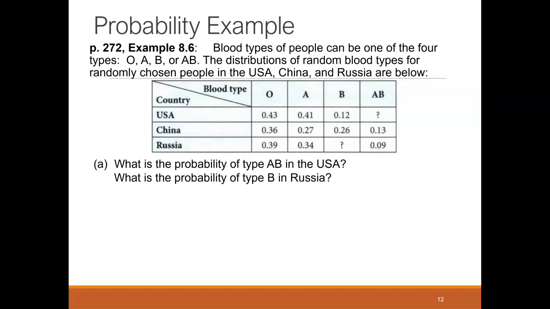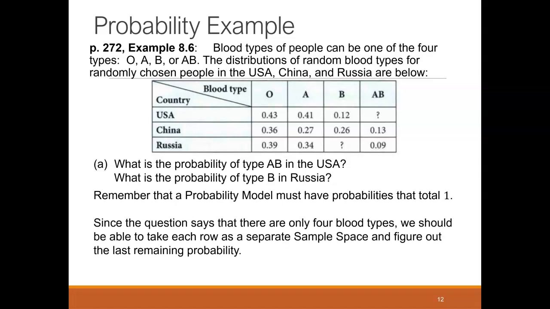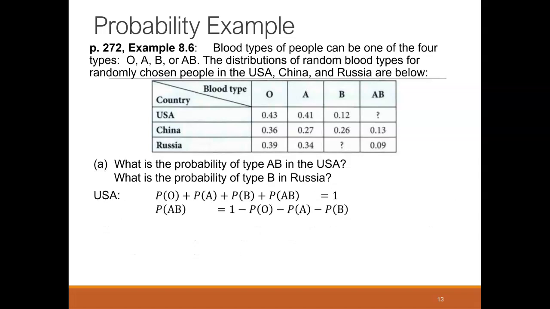What should the probabilities add to? 1. So I can just take 1 minus 0.43 minus 0.41 minus 0.12. Similarly, can I do the same thing in Russia? Yes, right? So each row is a separate sample space.